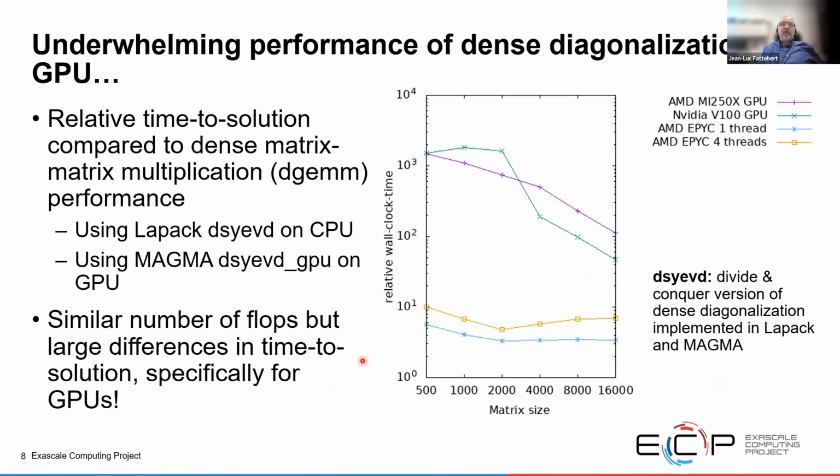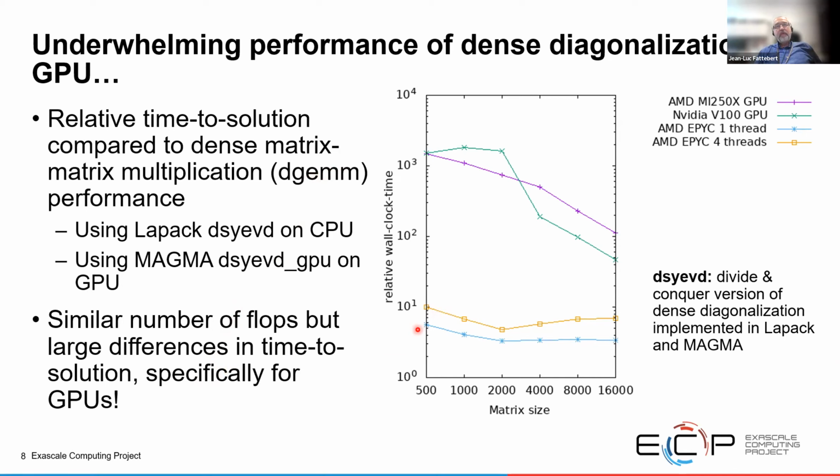Now, one issue that comes up when you start using GPUs is that not every algorithm works well there. I'm trying to illustrate this point here by comparing the cost of solving a dense eigenvalue problem with a standard solver such as LAPACK DSYEVD, which is a divide and conquer algorithm, and comparing that to the cost of multiplying one matrix with another one.